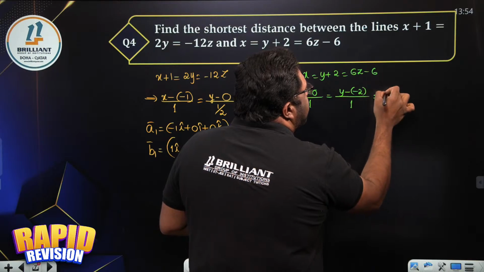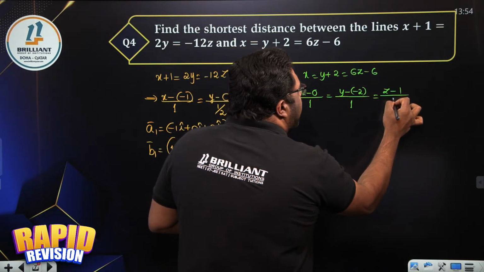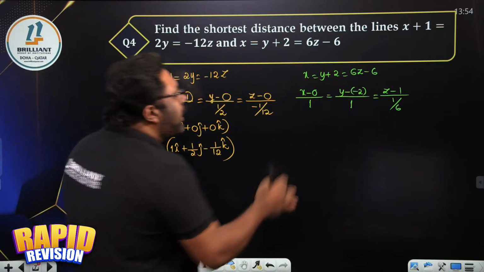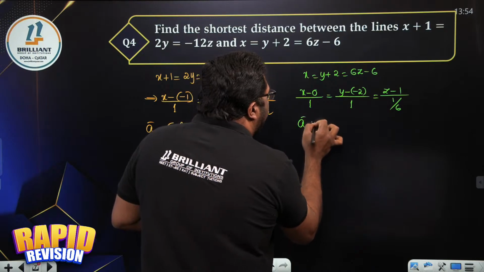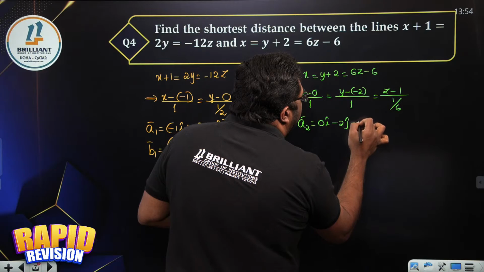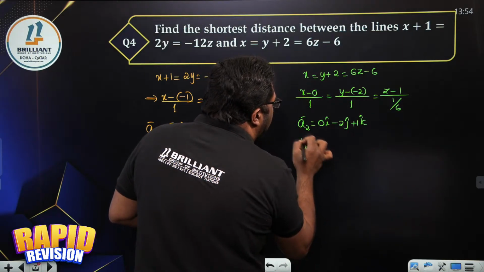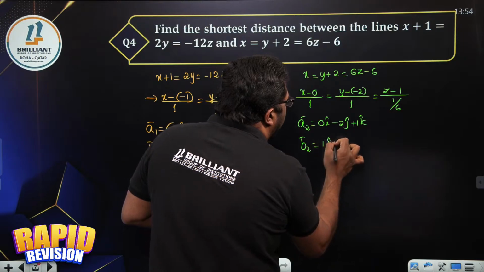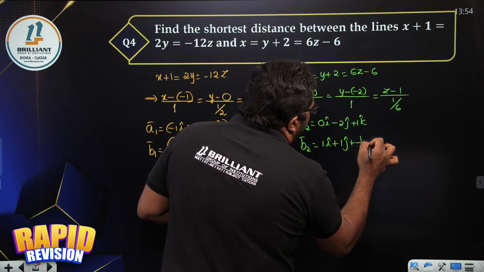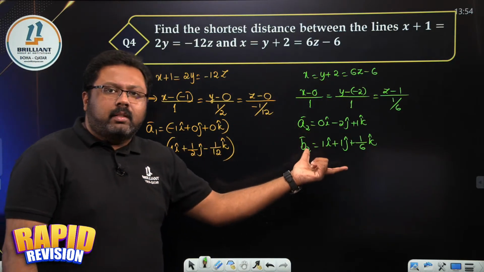So divide 6 in the numerator, you get z minus 1. Divide 6 in the denominator, you get 1 by 6. Okay, so my A2 vector, all of you, 0i minus 2j plus 1k, and my B2 vector, 1i plus 1j plus 1 by 6k. Again, I'm just finding the vectors.